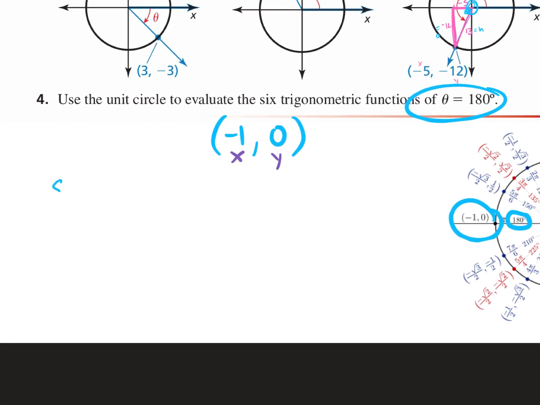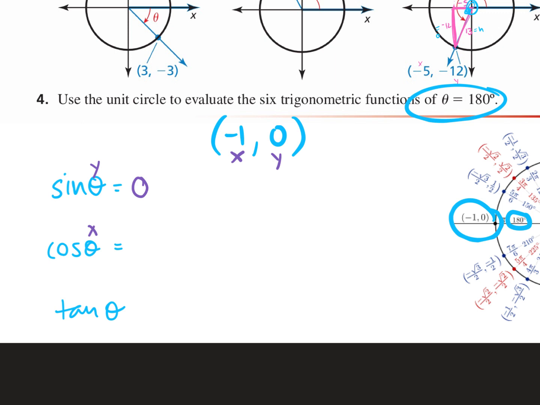So we're going to plug it all in. So let's find sine first. Sine, are we looking at the x or the y? The y. So what's our y value? 0. Awesome. Cosine, what do we look at? The x.